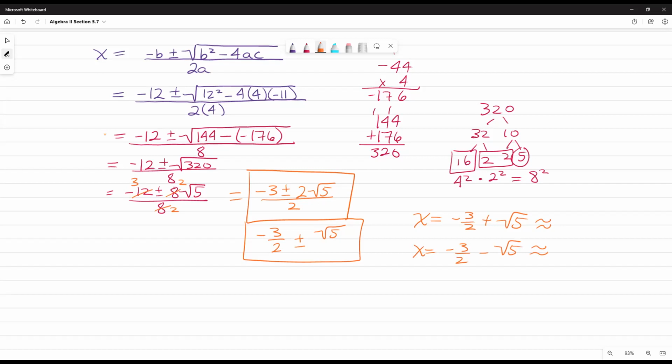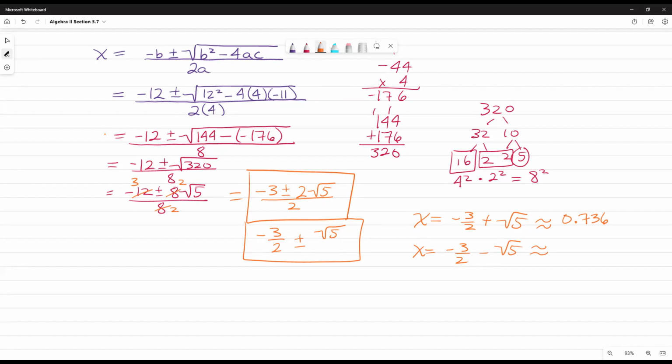Okay, so we know that's 1.5. So negative 1.5 plus the square root of 5 is 0.736. They rounded it to the hundredths place.